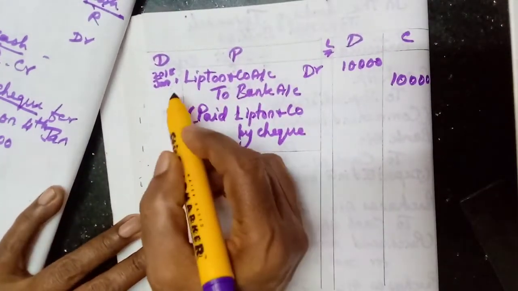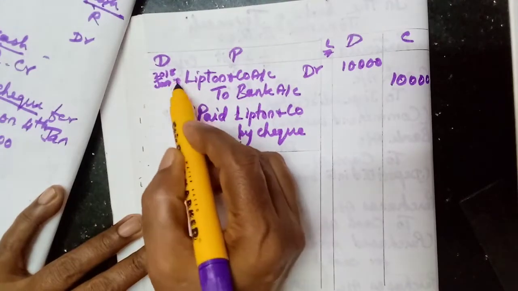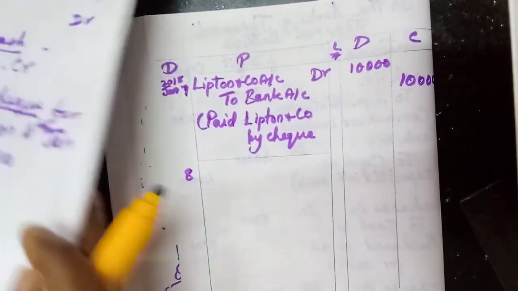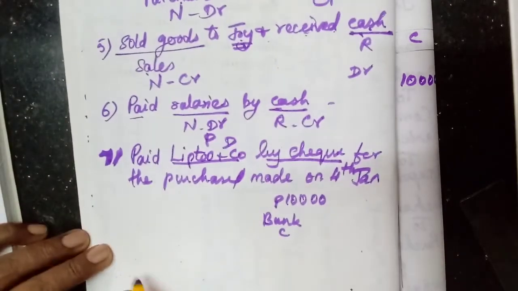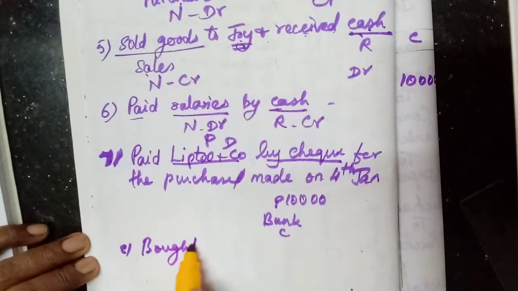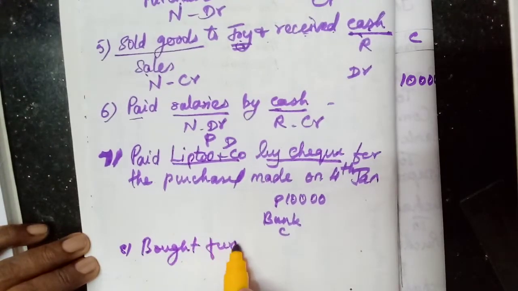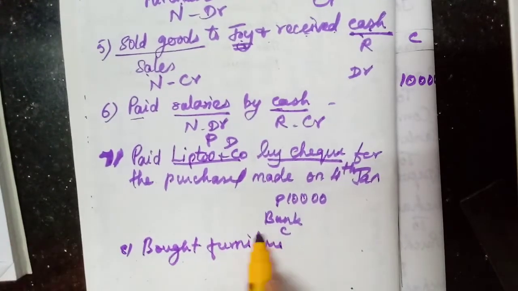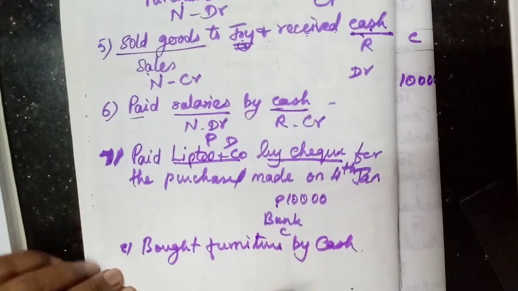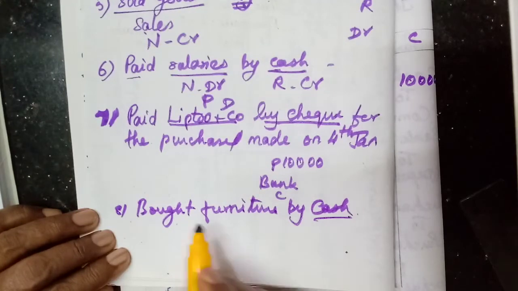Then here 7. The next one, 8. What is 8? Bought furniture by cash. Here cash transaction, cash is there. Here bought goods only, purchases.